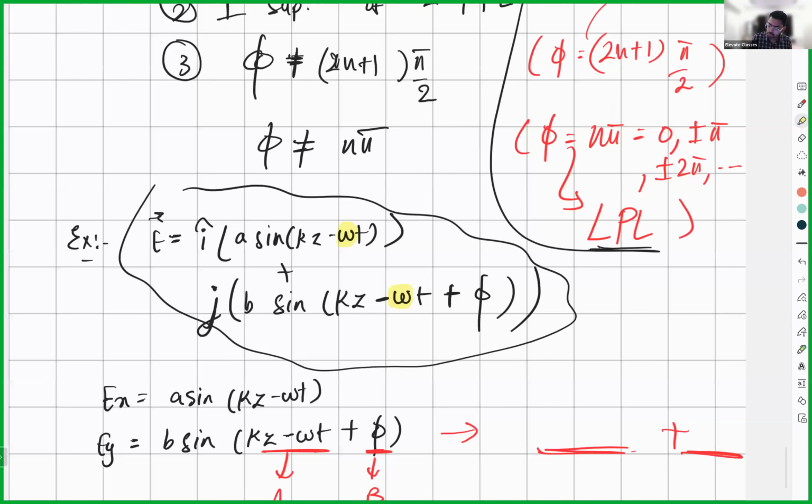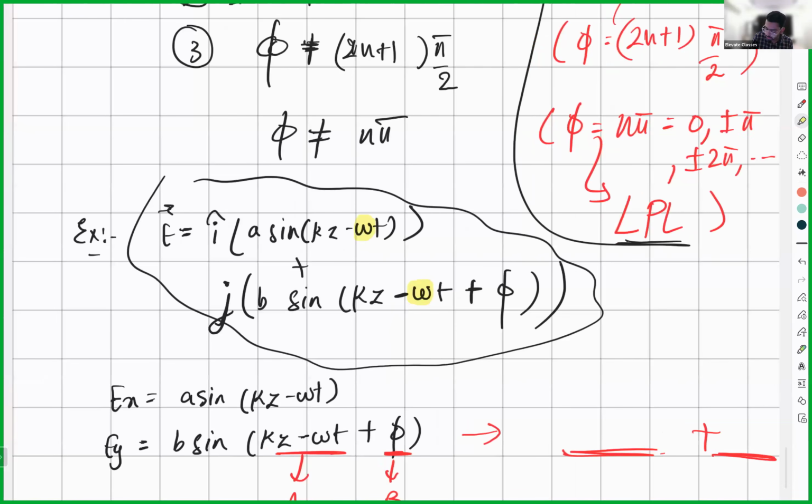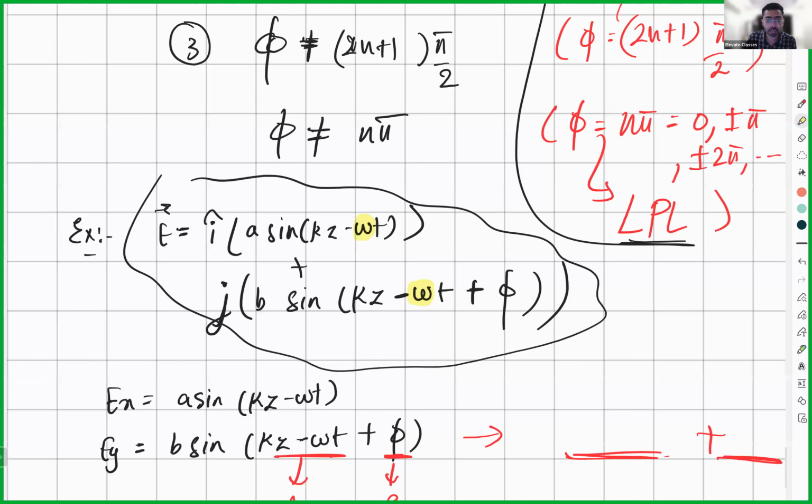Now for such an ellipse, let us say this is how it looks. This is its semi-major axis and its tilt can be calculated. Let us say this angle is theta. So it can be written as a function of phi, that is the phase difference.